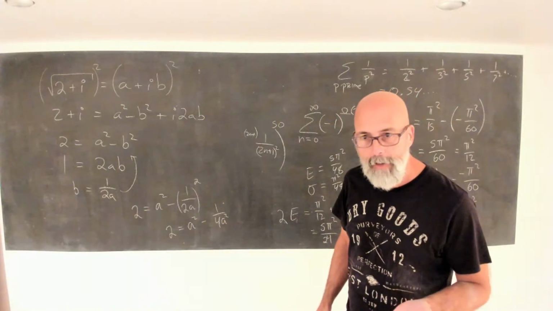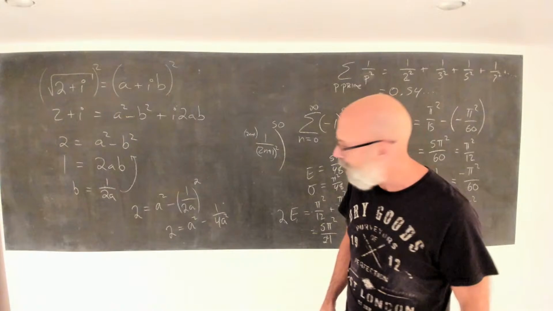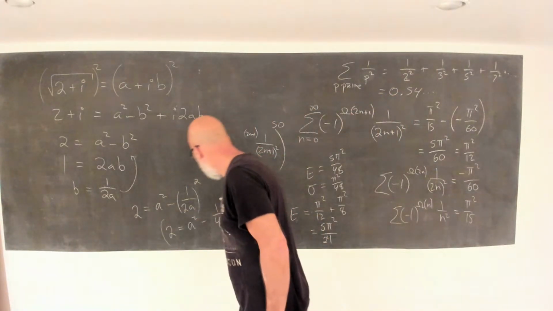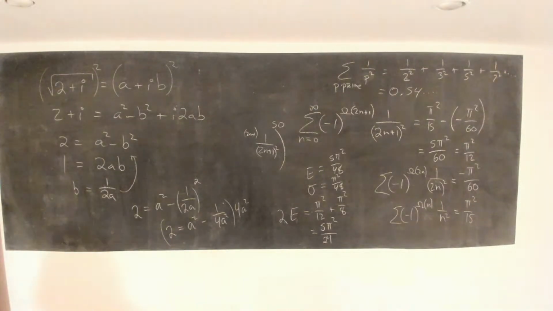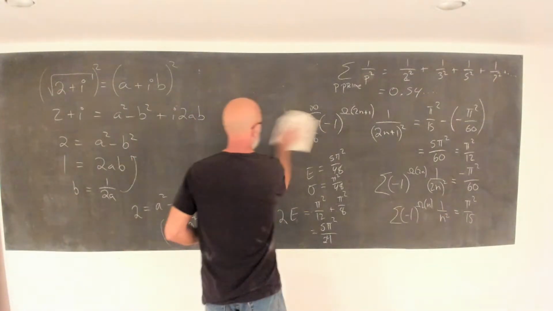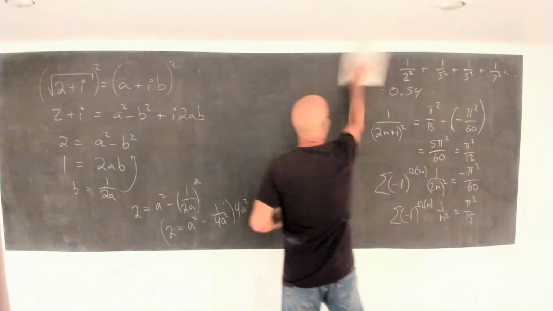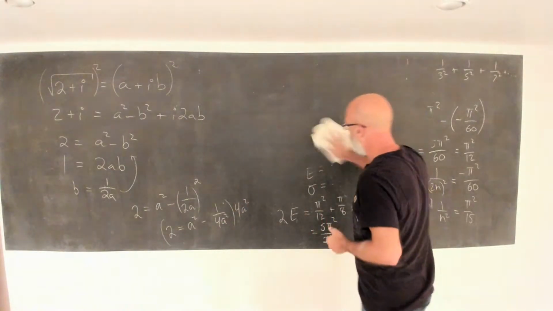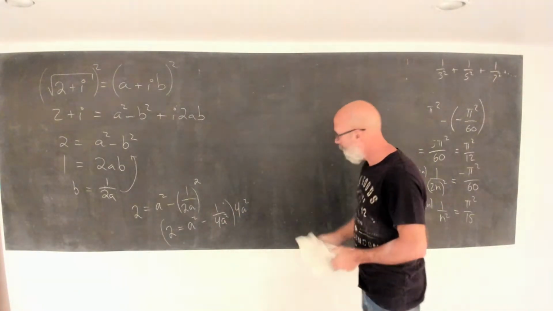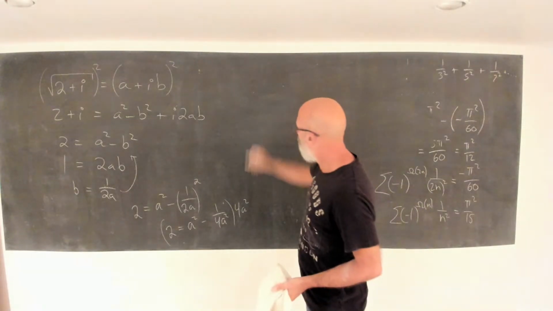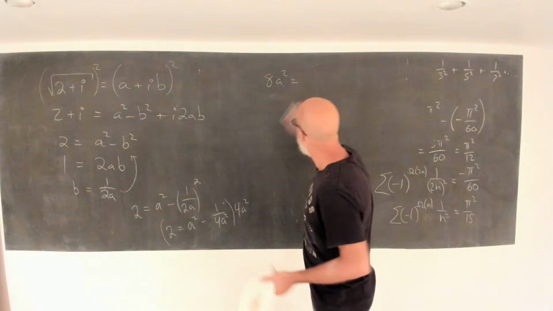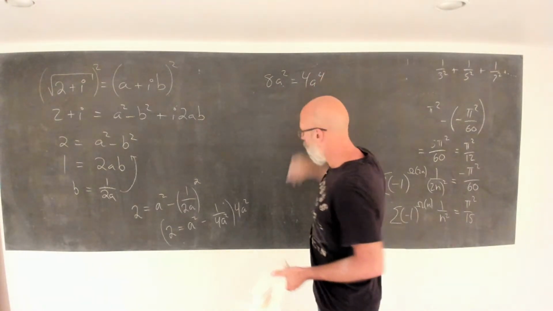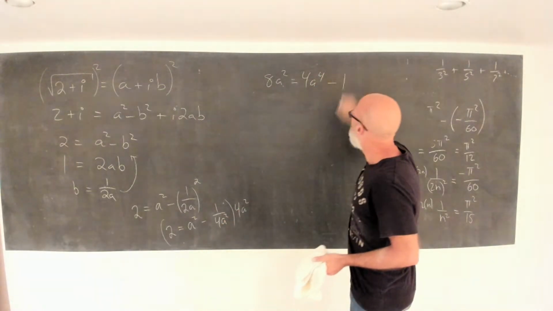Multiply both sides by 4a squared so that you get rid of the denominator. So you get 8a squared is equal to 4a to the 4 minus 1.